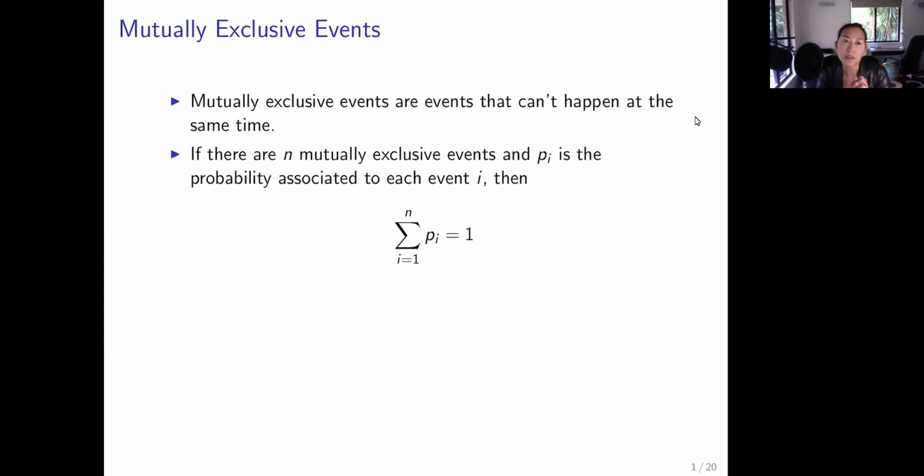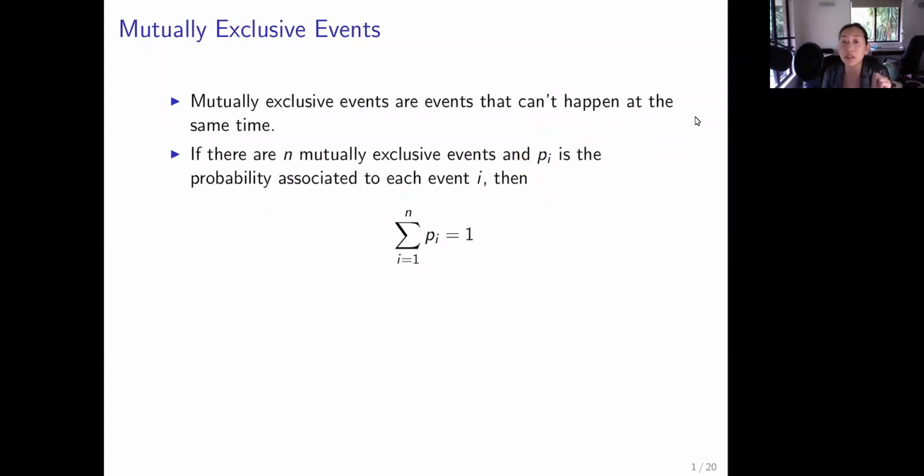Another property of mutually exclusive events is that if we consider all n mutually exclusive events, it doesn't have to be only 2 events. It could be 3, 4 possible events, but they are exclusive, and each event could occur with the probability p sub i. So let's say event 1 could happen with the probability P1.